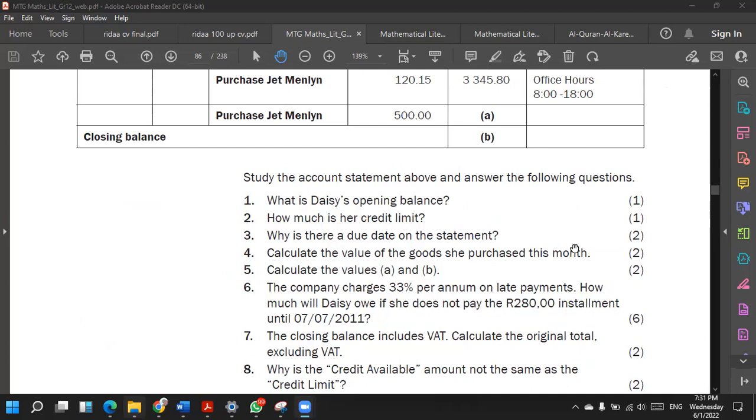You're going to take that 3,845.8, and then I think you're going to divide it by 14. 3845.8 divided by 14. And how much do you get?